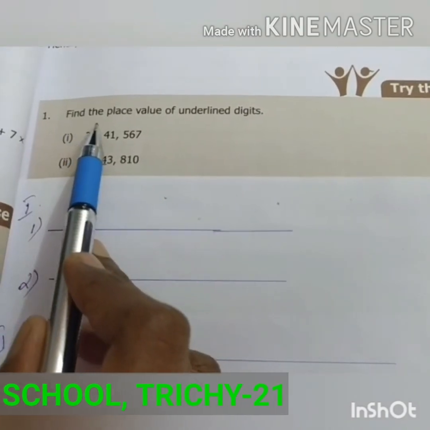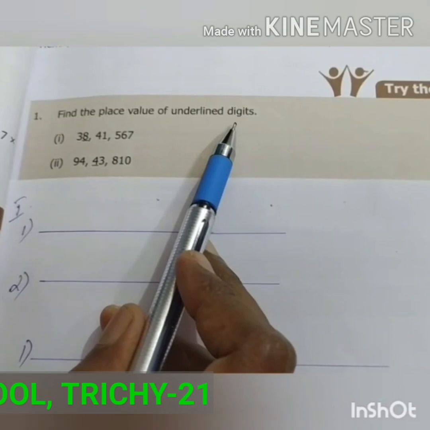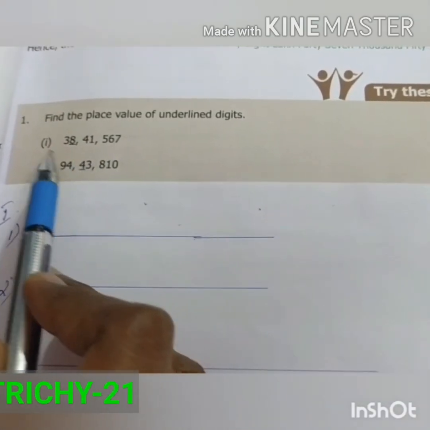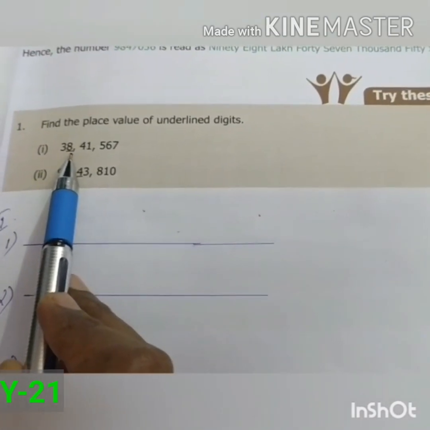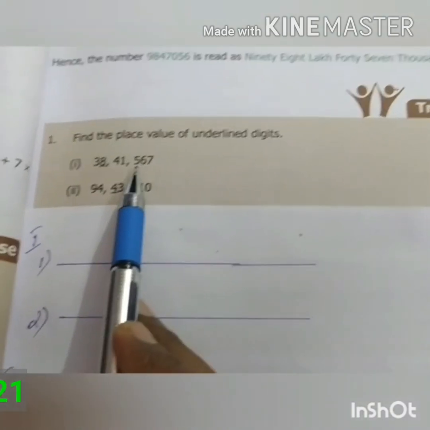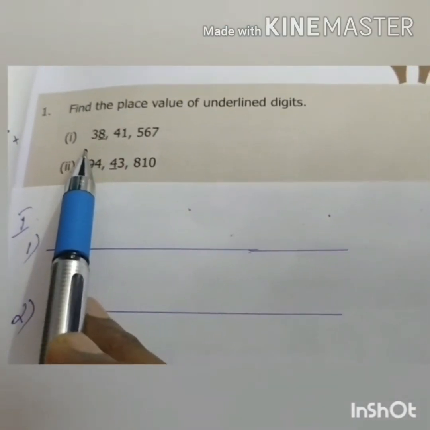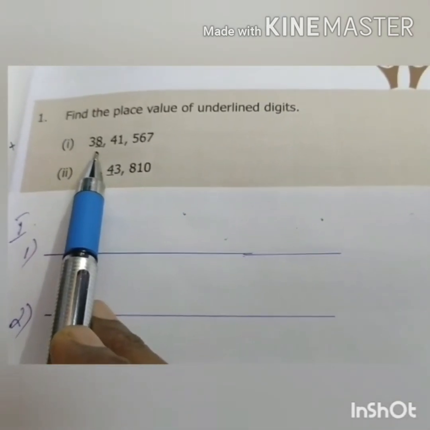Find the place value of underlined digits. You have to find the place value of the underlined digits. See the first sum, 38,41,567. Now see this number, which one is underlined here? 8 is underlined.